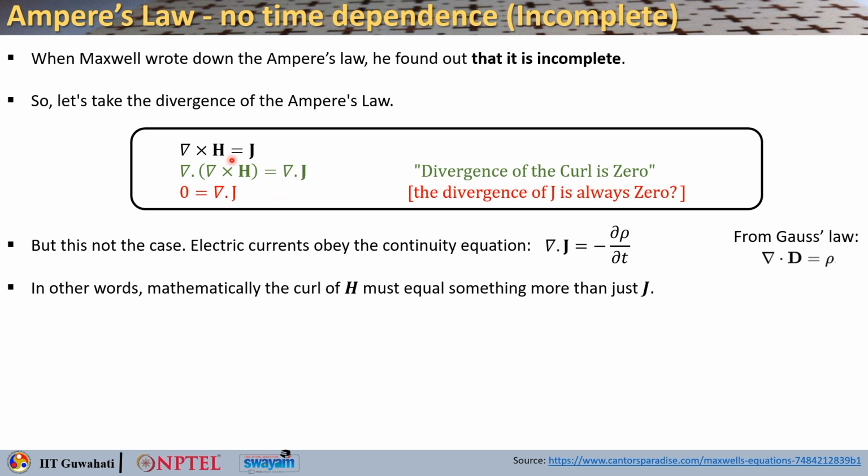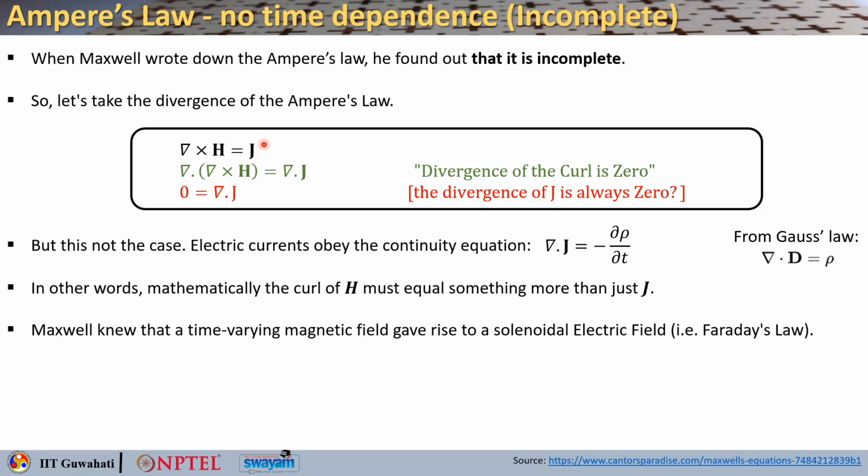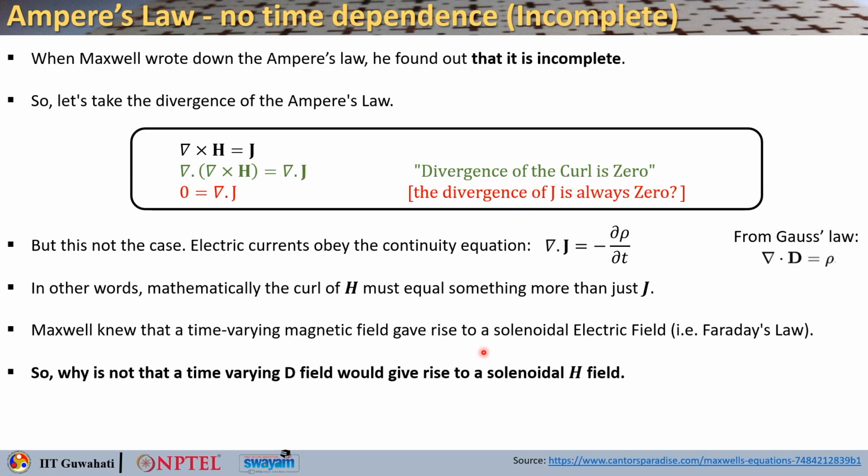You can intuitively see that curl of H is not only J, there is something more than J. That is what Maxwell found out, and he knew that a time varying magnetic field gives rise to a solenoidal electric field, which is Faraday's law.